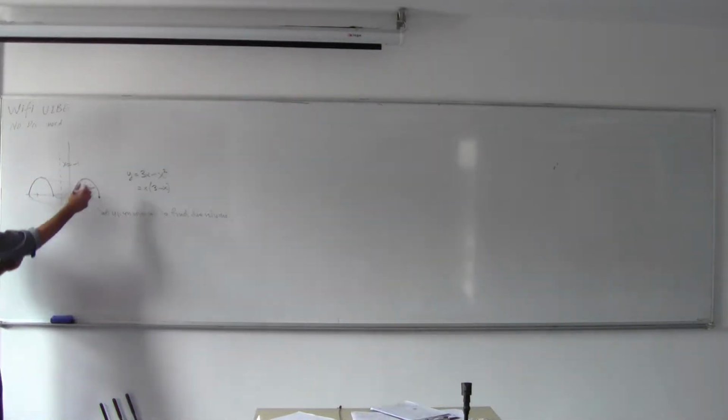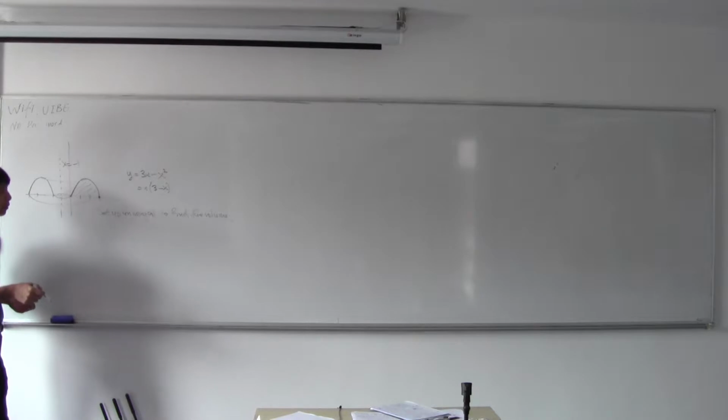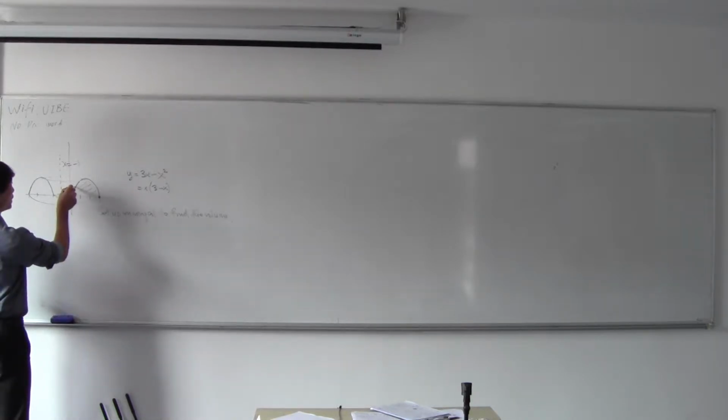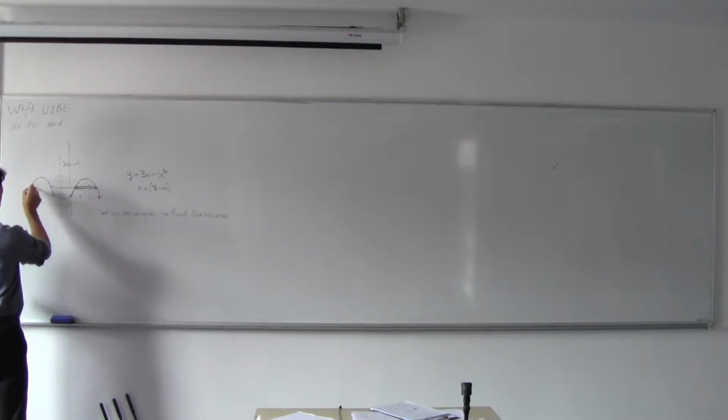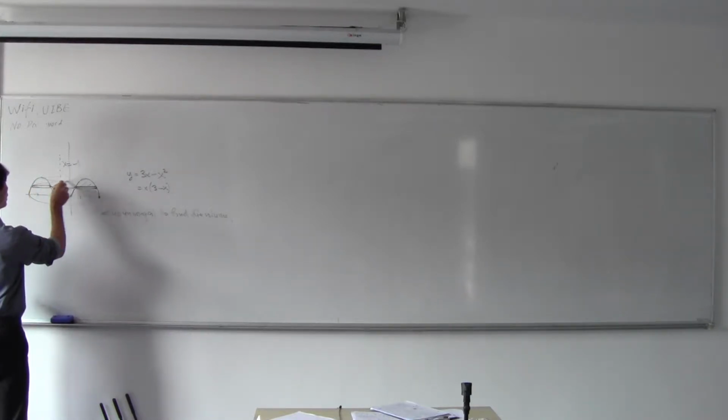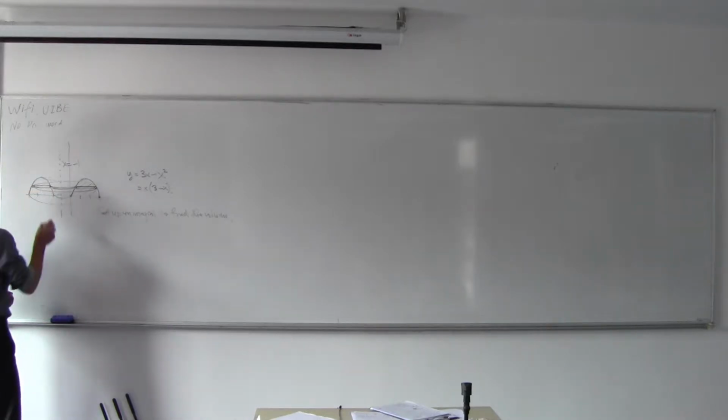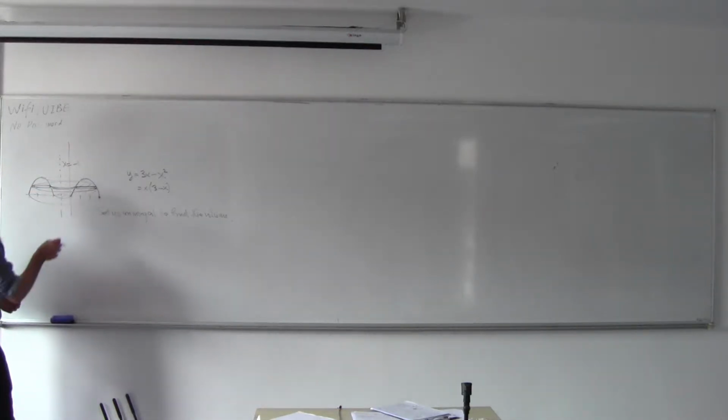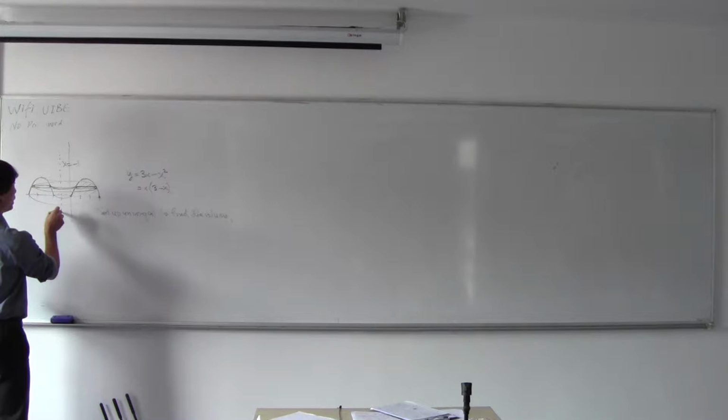Right now we're using the method of washers, right? So we're going to take this thing and rotate it around, and we get this washer. So we have to figure out what it is.